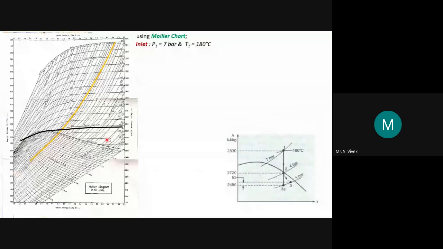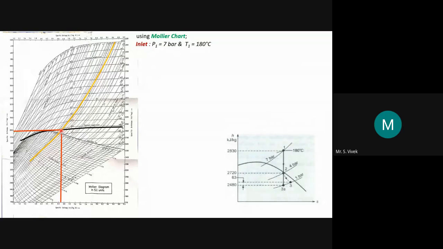Here I'm having the curves for 150 degrees Celsius and 200 degrees Celsius. I'm not having exactly the curve for 180 degrees Celsius, so I approximated it. And there will definitely be 7 bar pressure lines. So travel through this and get the intersection point. From there, travel to your left hand side and downwards. Give me the value for enthalpy and entropy.